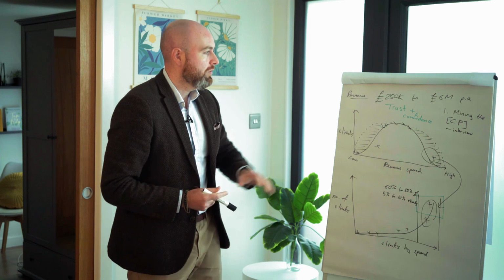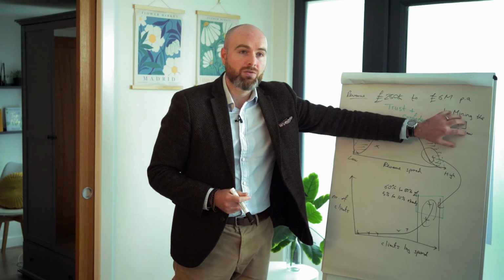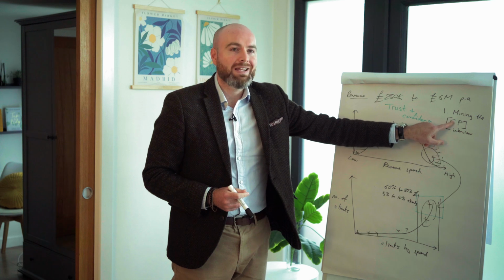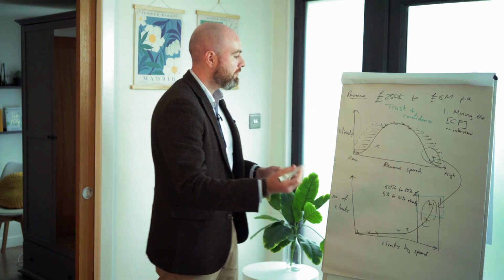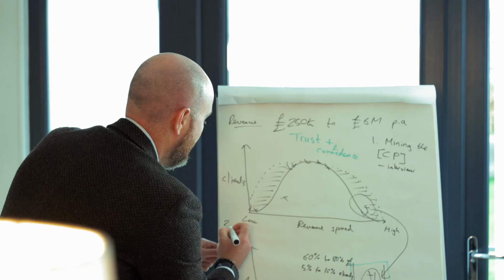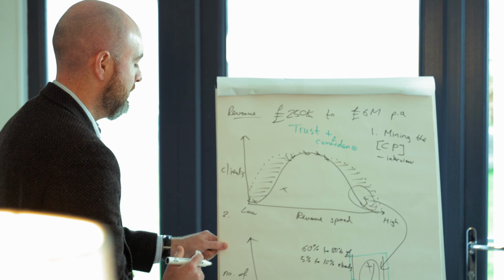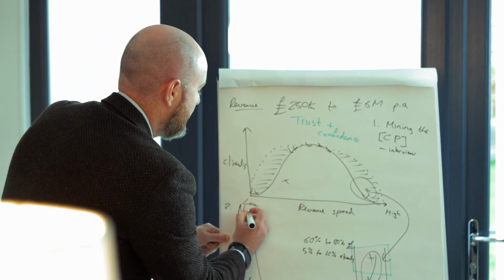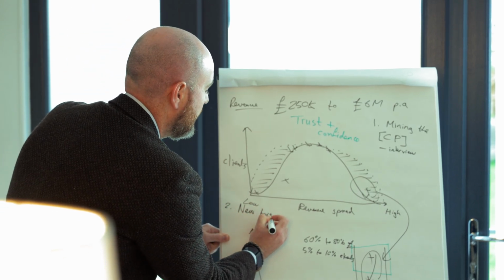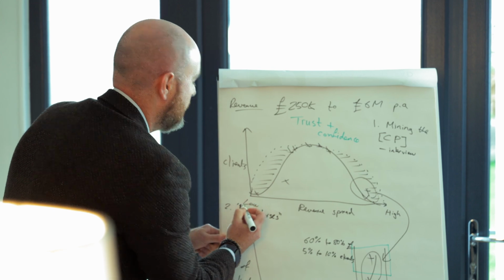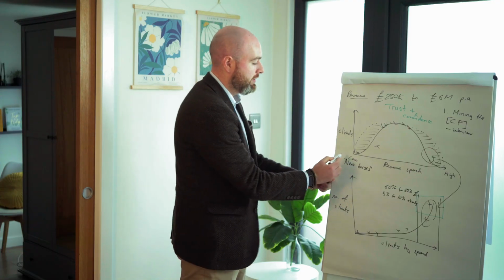So we've done this, and this is where we start. Shortly after we do this, we then come over here. It's going to get a little bit cramped on the paper, but bear with me. The second strategy we just call new horses. So we want to put some new horses in the race.